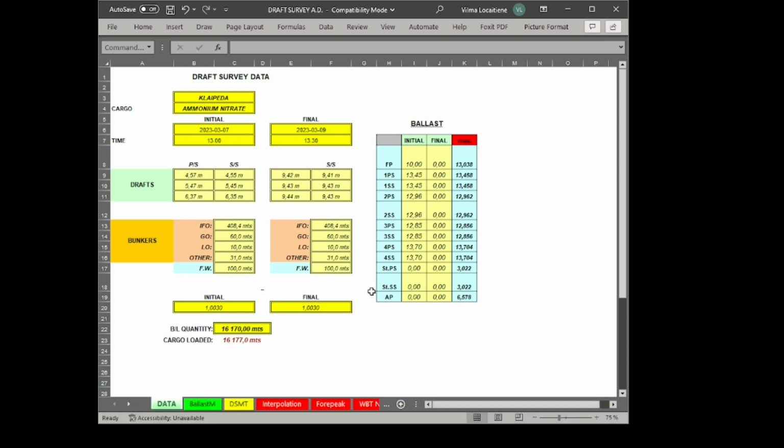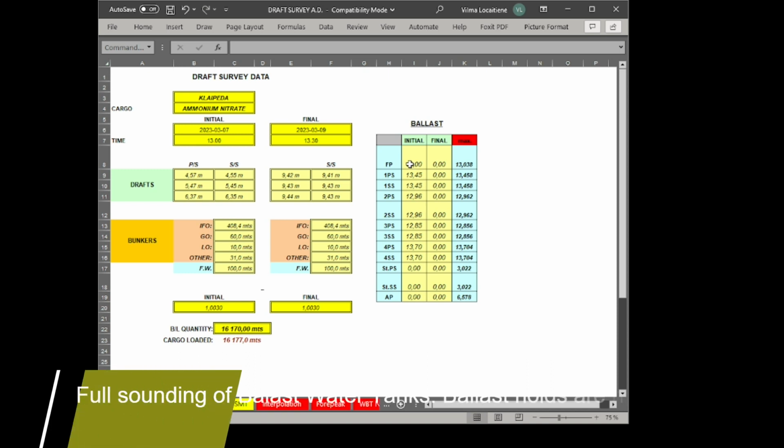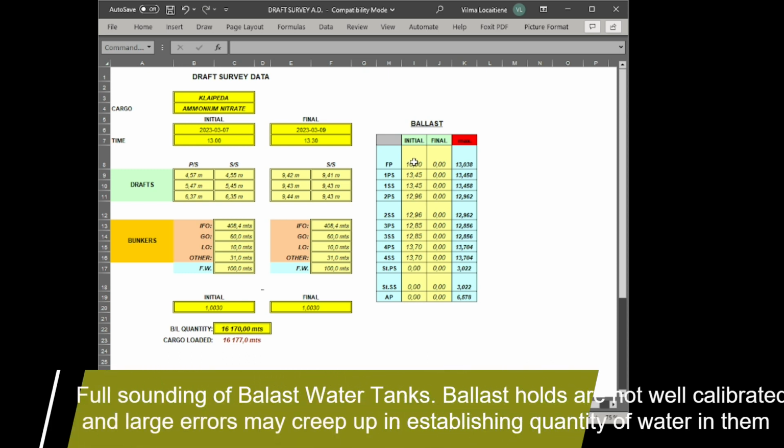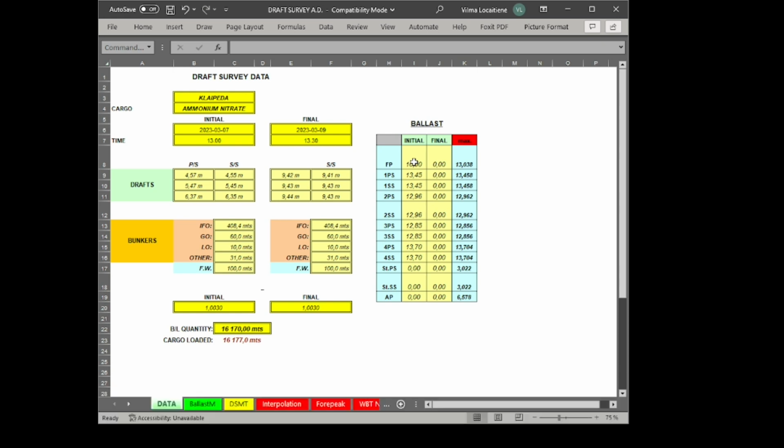Next very important, inevitable action step is to make soundings. Ballast tanks soundings. It is necessary to find how many tons of ballast there are in the water ballast tanks. And there you can see the table where all ballast tanks are itemized, and there is red color.